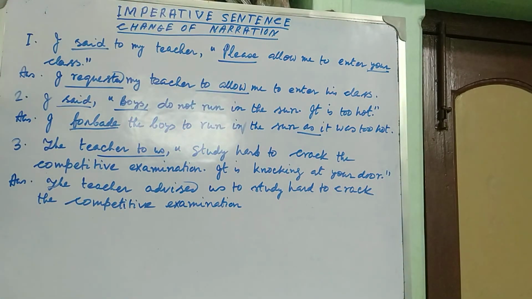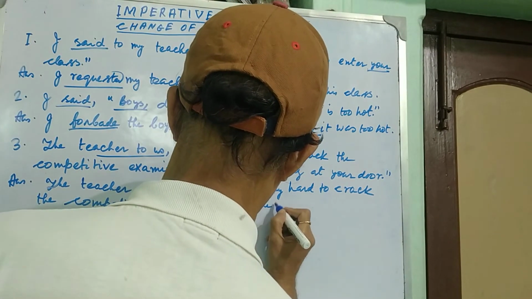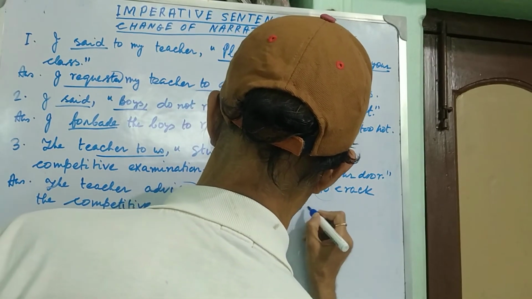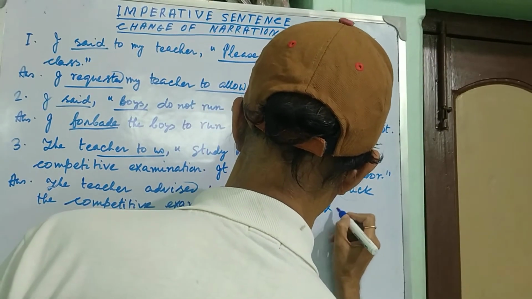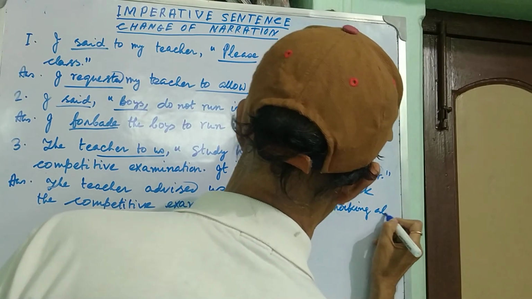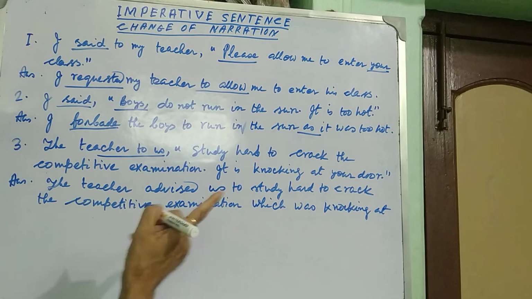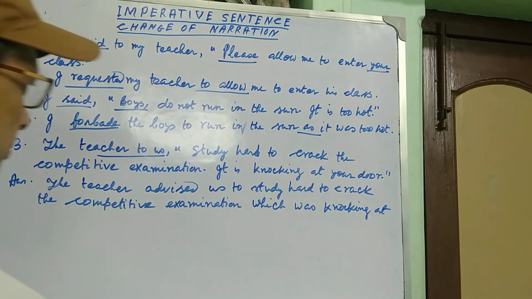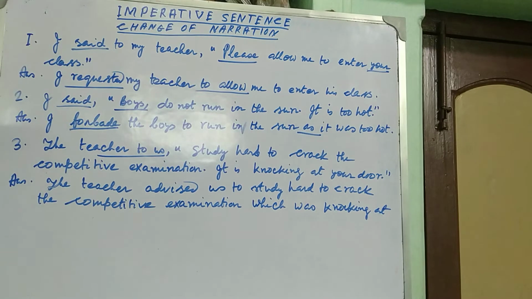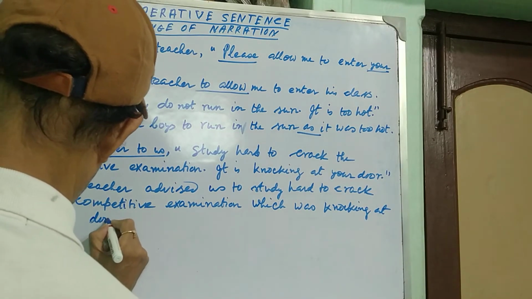Now you may use an adjective clause or relative clause: which was knocking at our door, because "us" becomes "our".